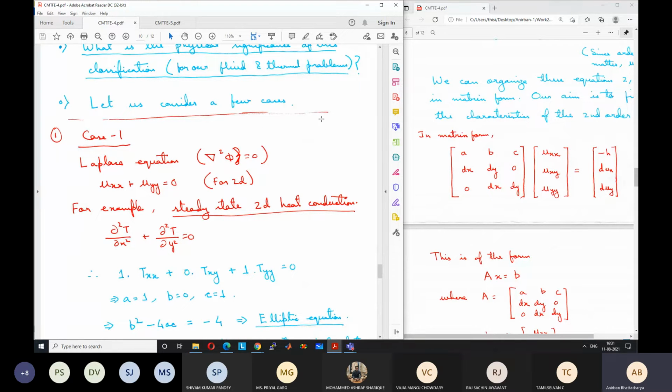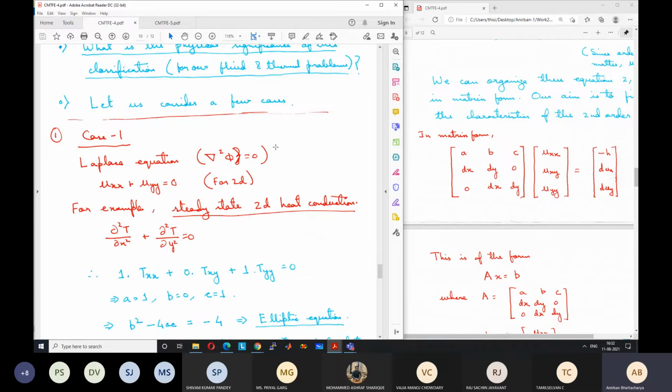We'll start with the simplest case, which is encountered very frequently in engineering applications, in a lot of physical phenomena, which is the Laplace equation. Del square phi equal to 0. In general, the Laplace equation in 2D is del square phi del x square plus del square phi del y square equal to 0.